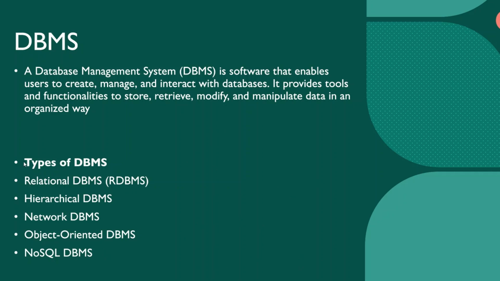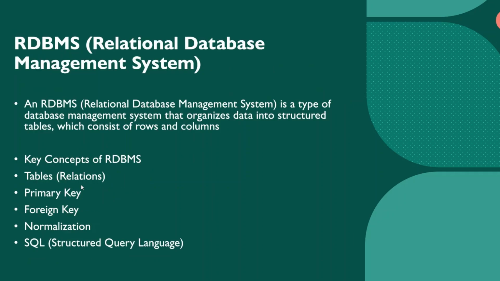As we discussed the types of DBMS, let's understand what exactly a relational DBMS, or RDBMS, is. The Relational Database Management System is a type of database management system that organizes the data into structured tables which consist of rows and columns. The relationships between the data are maintained using keys.